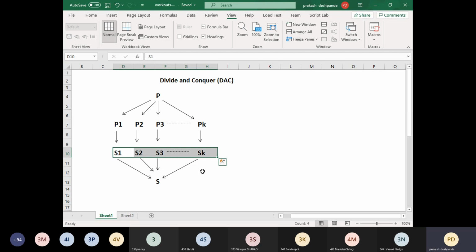Conquering means we combine all these solutions to make a single solution. If we are able to make a single solution from all these subsolutions, then we can say that the original problem has been successfully solved. We arrived at a solution.